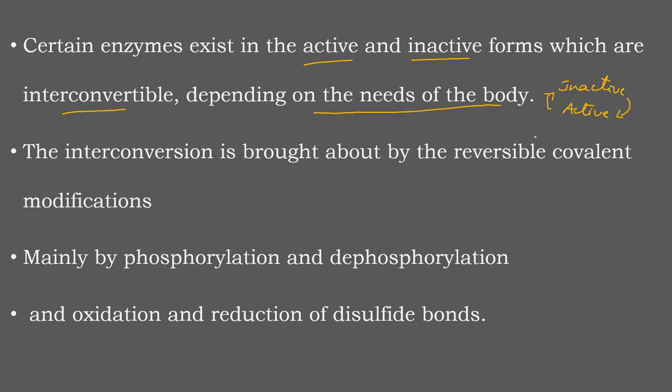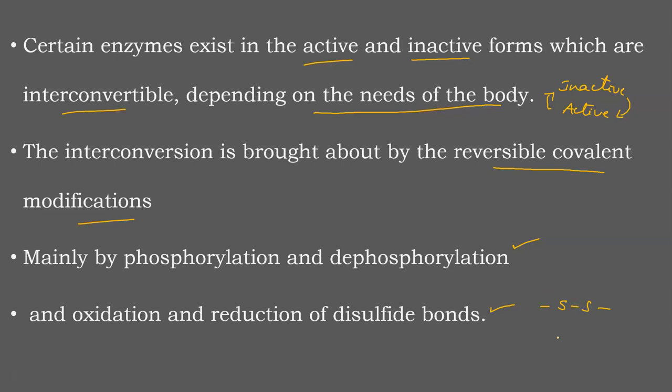This is interconversion. This interconversion is brought about by reversible covalent modification. And this reversible covalent modification is mainly by means of phosphorylation and dephosphorylation, or either by oxidation and reduction of the disulfide bonds. Disulfide bonds means a bond is present like this between two cysteine molecules of different polypeptide chains. This is nothing but disulfide bonds.